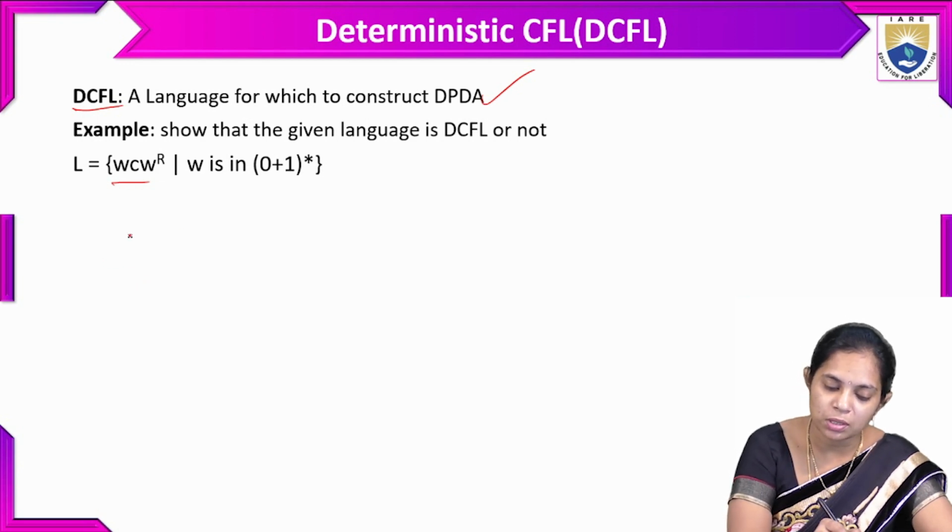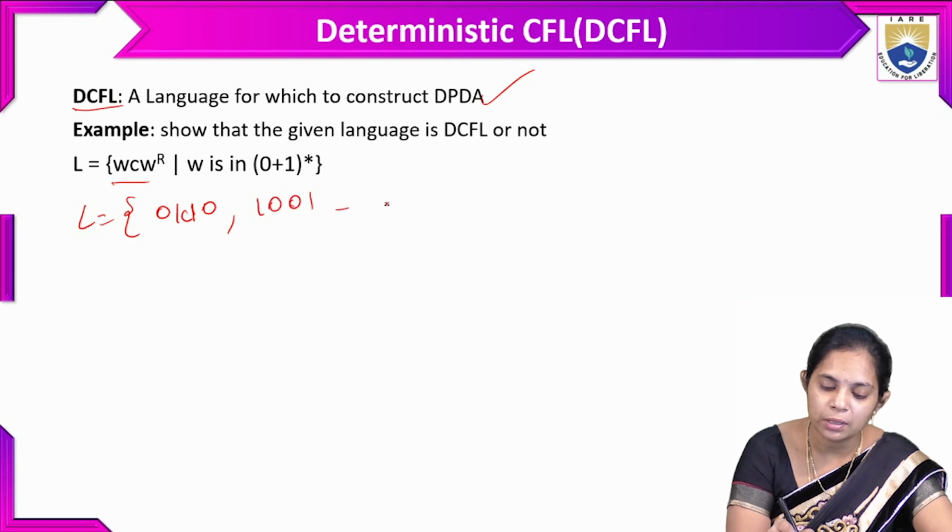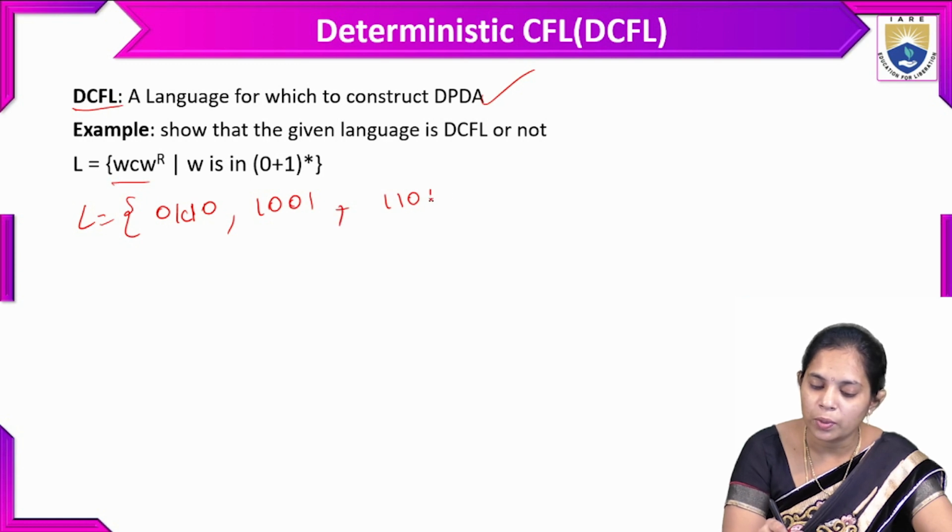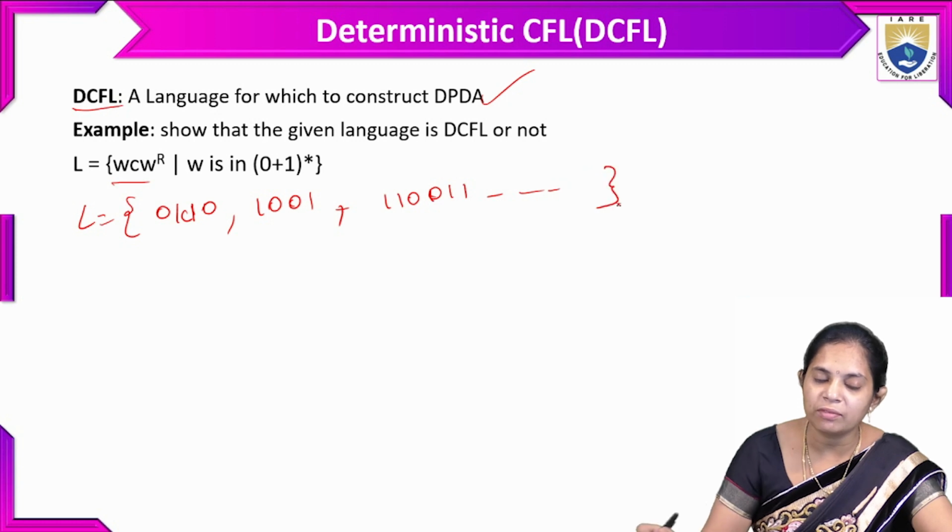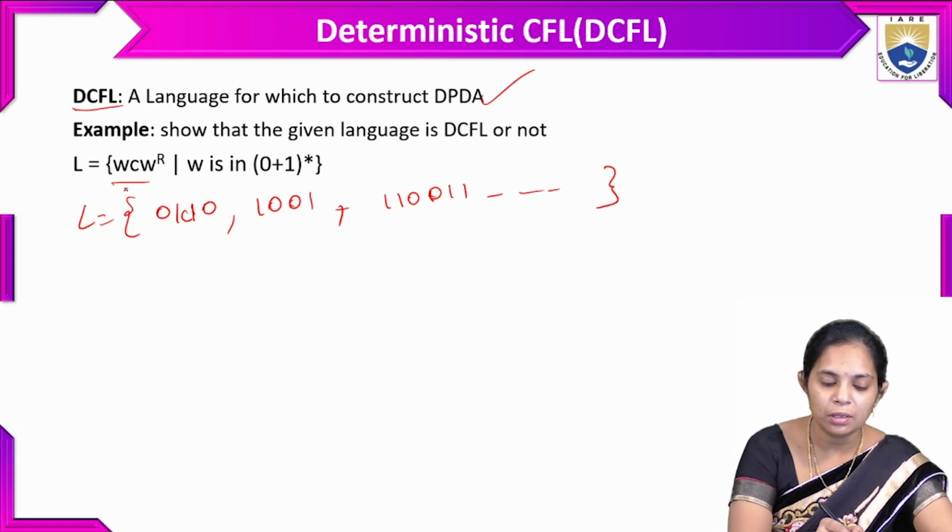Suppose we take the string language 0110, and in between we have to include C, then 1001, and 110, 1011 and so on. This is the language we get for WCW reverse, and here we have to include C.